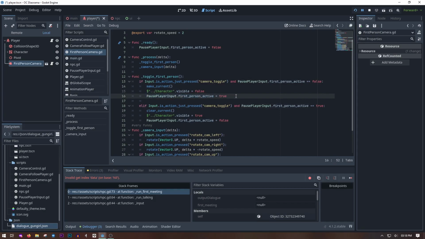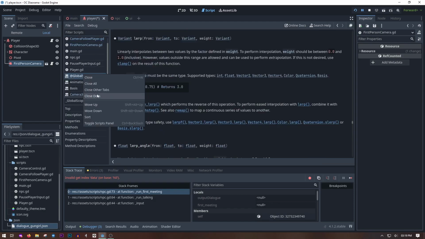So now that I'm in first person and I press the button again, pause player input versus is true, clear the current camera, and then it returns to the other camera, which is the player camera. Just so happens to work out. I was worried that clear current would make it go to one of the other cameras.